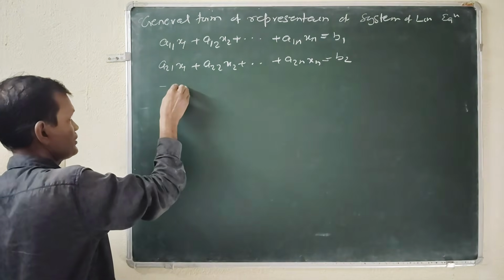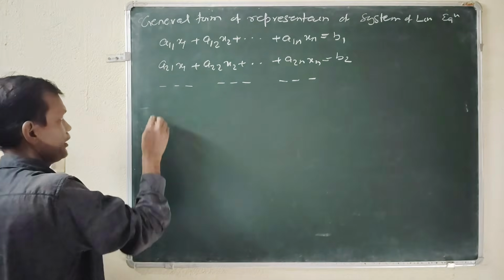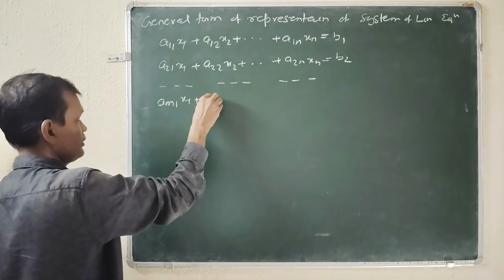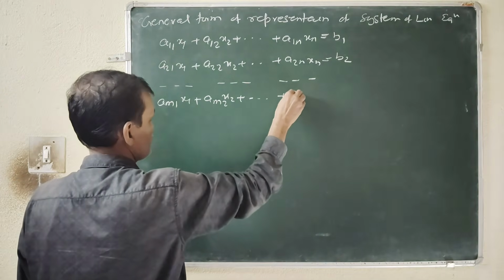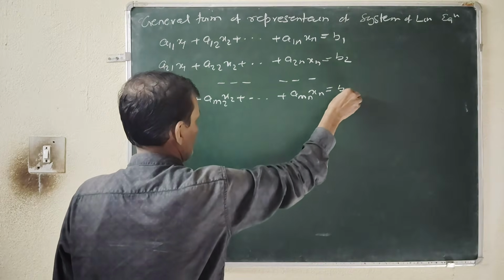Like this, if we proceed, for m equations we will have am1x1 plus am2x2 plus up to amnxn is equal to bm.